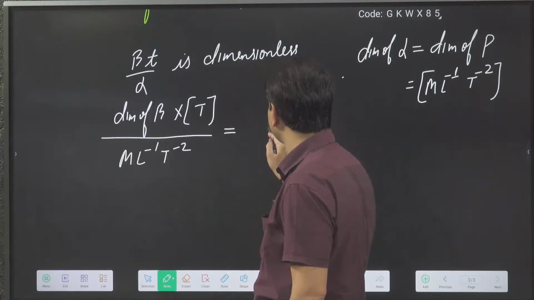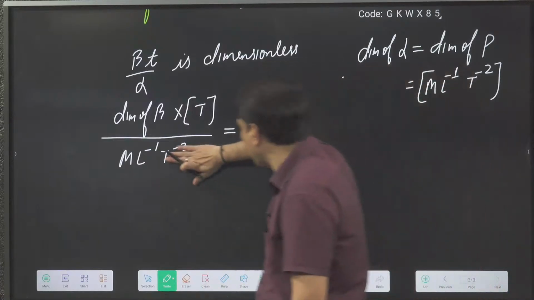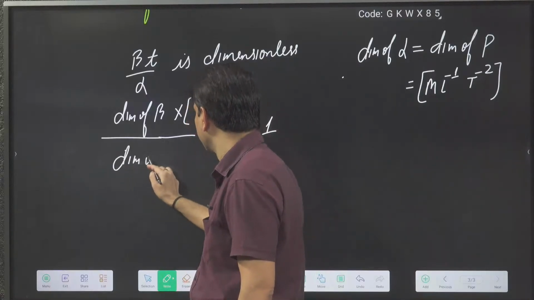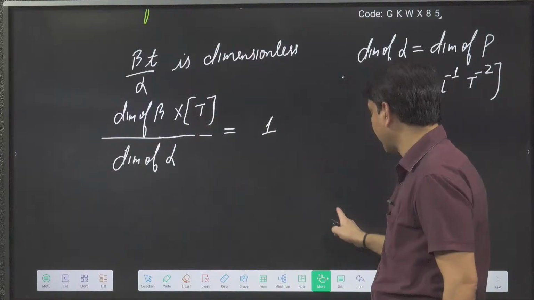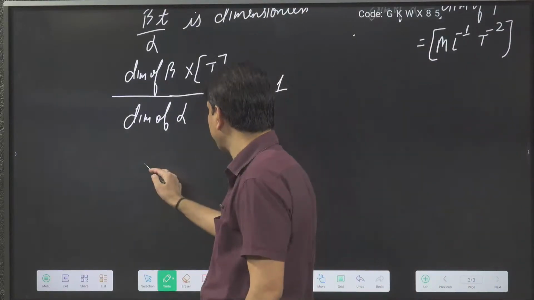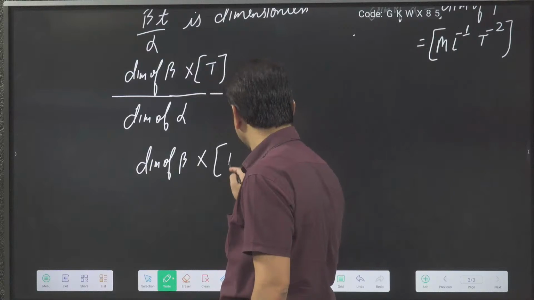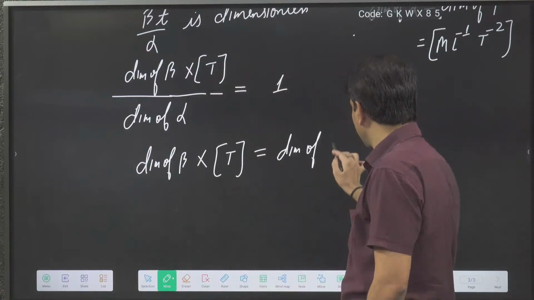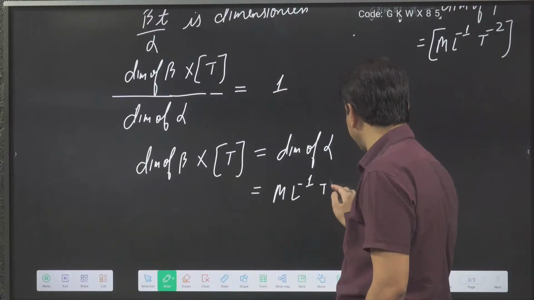It is dimensionless, so I can write it as 1. Now cross multiplying, dimension of beta into T equals dimension of alpha, which is M L minus 1 T minus 2.